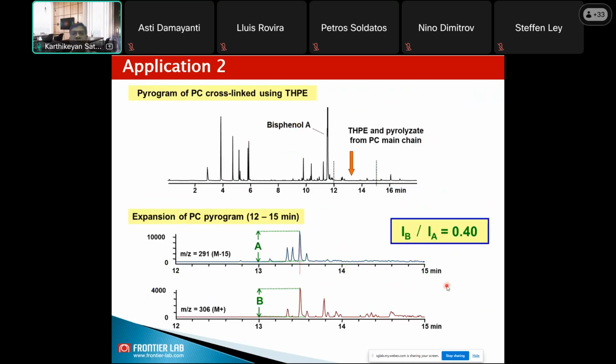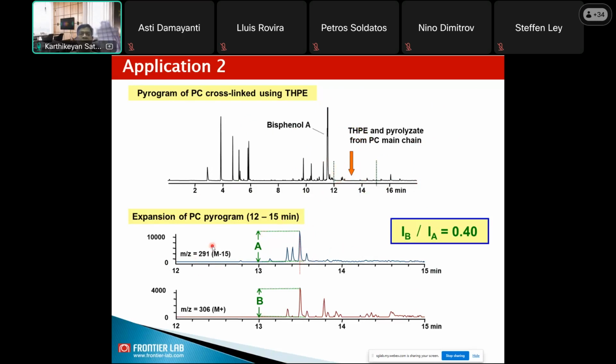As a routine, we always want to see whether flash pyrolysis provides the information that we are looking for. When we carry out the flash pyrolysis of this cross-linked polycarbonate, it provides a clear peak for bisphenol A. At the same time, we do not see a very big peak for this THPE. But when we expand the chromatogram of this time zone, 12 to 15 minutes, we can see there are certain peaks.